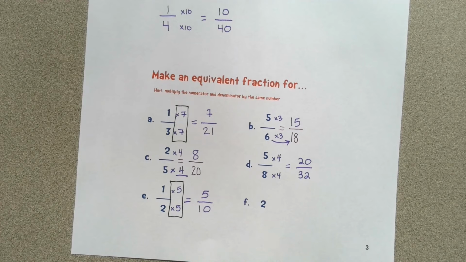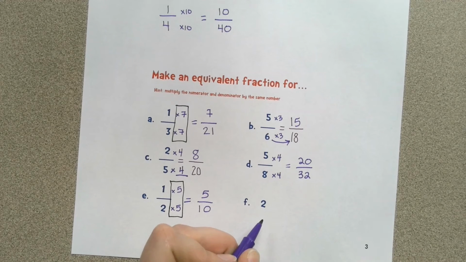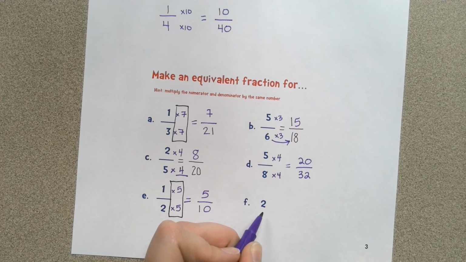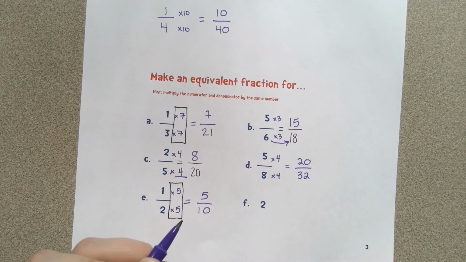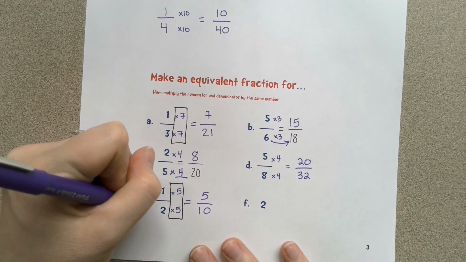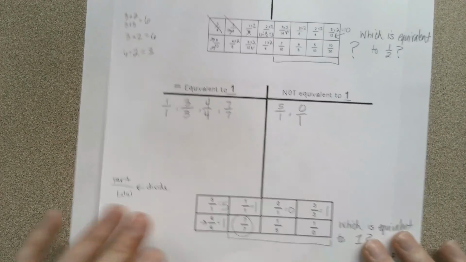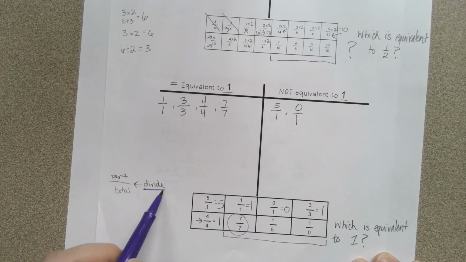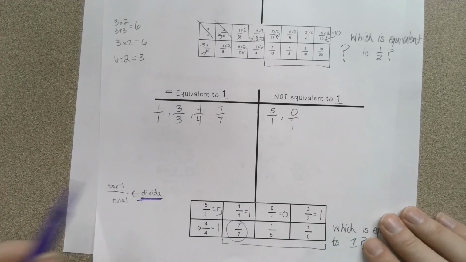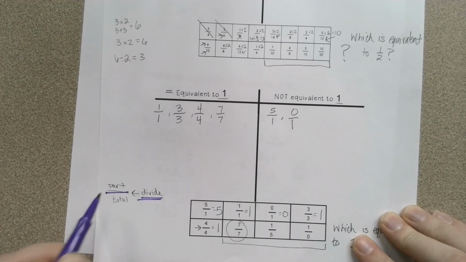You'll notice that F is just the value 2. If we're trying to write an equivalent fraction to 2, that also means that we have to have that written as a fraction. We've been talking about how this fraction bar line, if we're trying to rewrite or check to see what it's equivalent to, like we were here, we were dividing to do that. So this fraction bar line not only shows that it's a fraction, but it's also division.